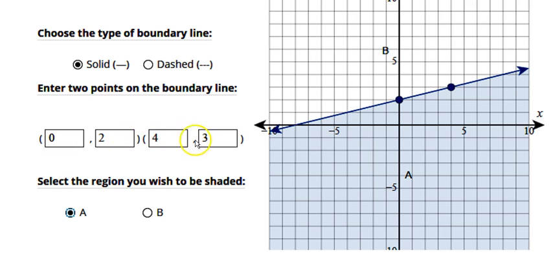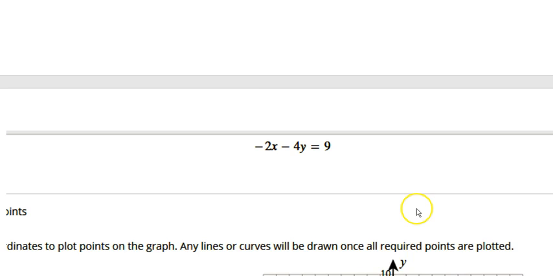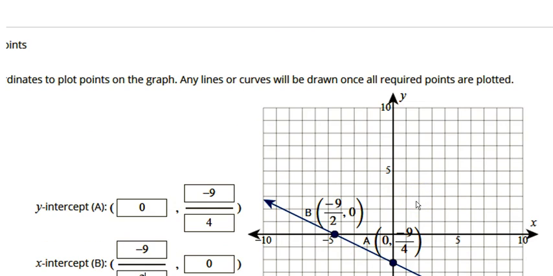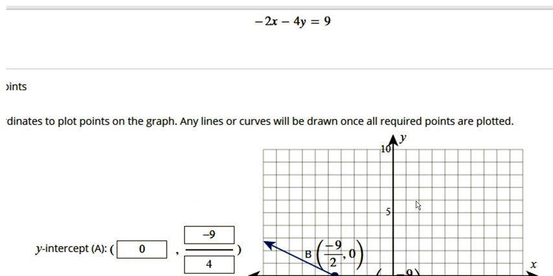This is just one other point that made the graph, and we're shading A, the underneath, because a positive y is less. That's always going to be underneath. Okay, now we have one more to do, and it's this one here. I don't want to make this too long. We're going to speed it up anyway. I find that works out very well.